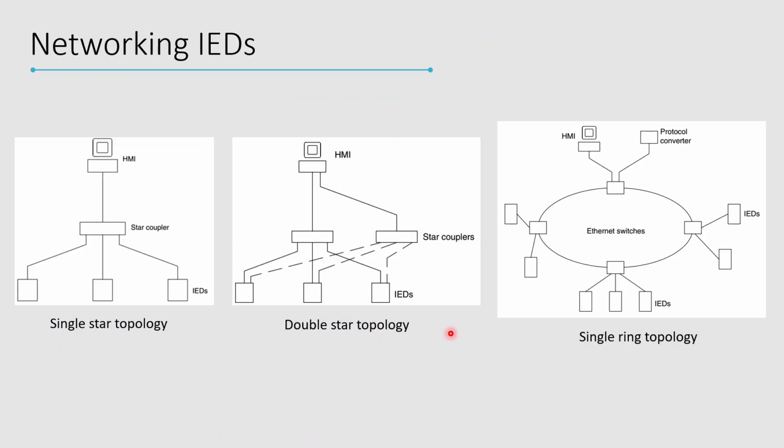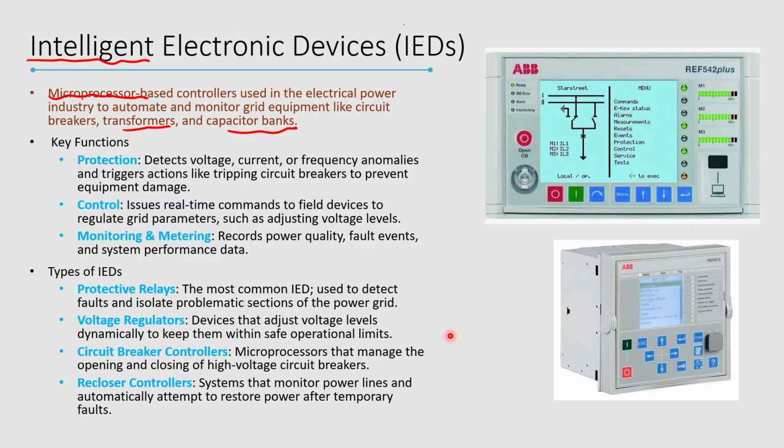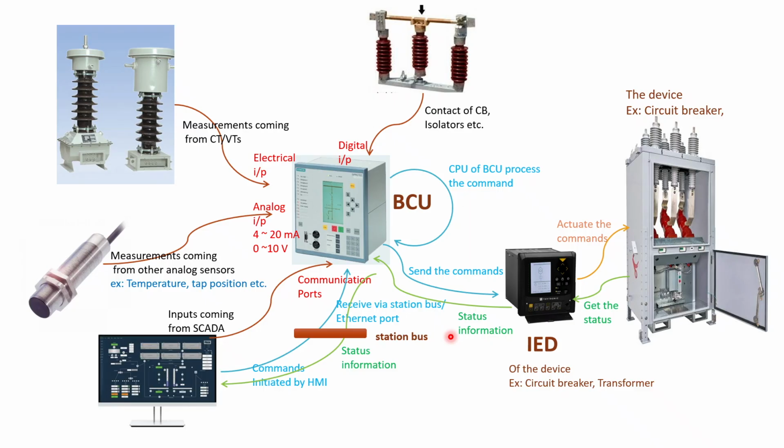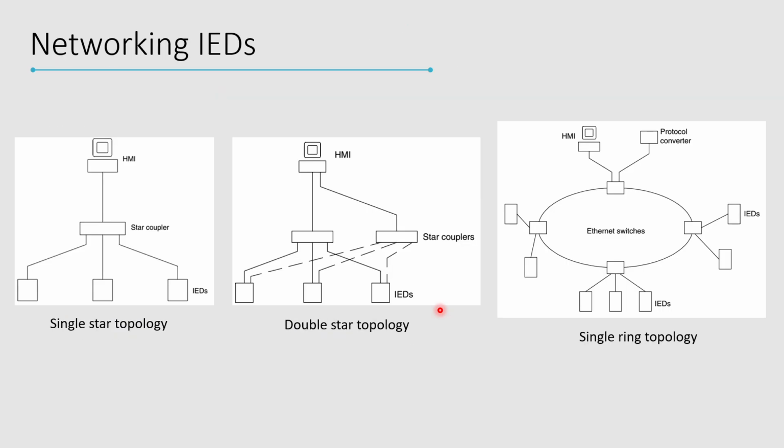So now you have seen there are many devices and many equipments included in the bay control, right? You have the SCADA system, the bay controller unit, and different IEDs for different equipments, and so on. You can network them in different ways, using different network topologies.